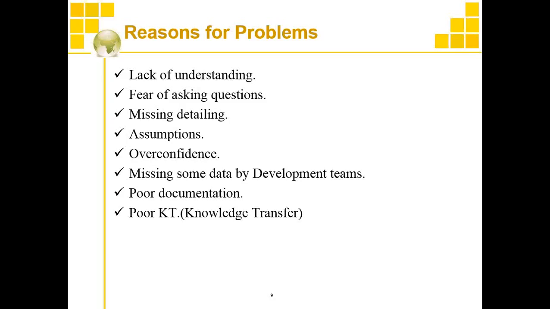Why is data missed by the development team? Because when the business analyst has not taken the requirement properly and it has not been transferred properly to the developers, some data will be missed by the development team, and that defect will be carried on completely.